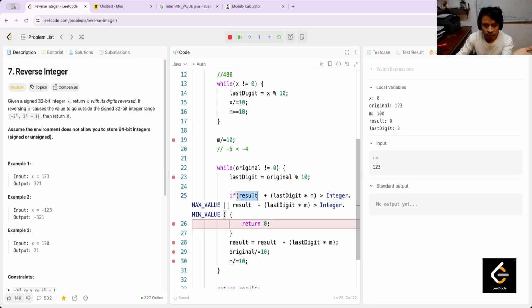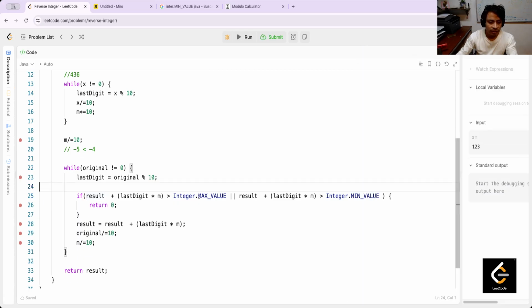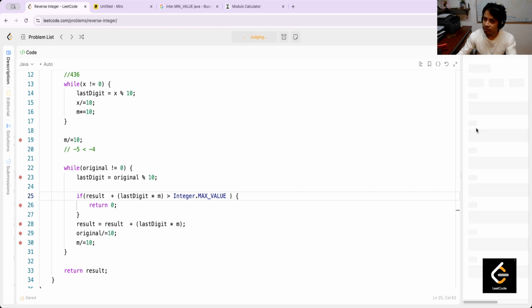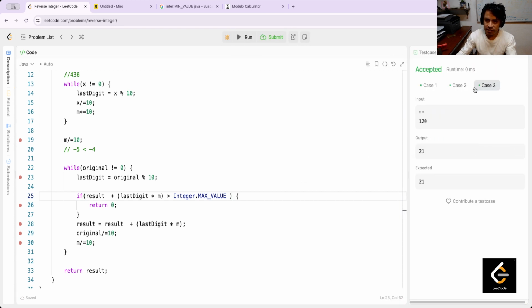Why? Yeah, sure, because in this case, result, I think that is for this. Maybe let me check. But with the negatives, it's the same.